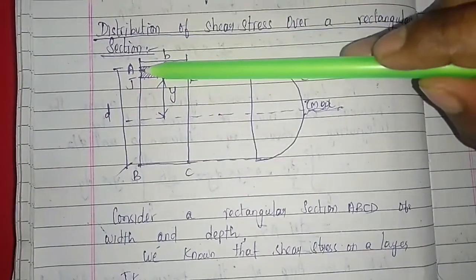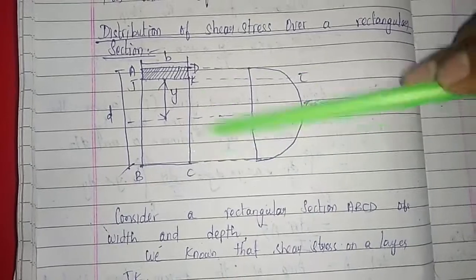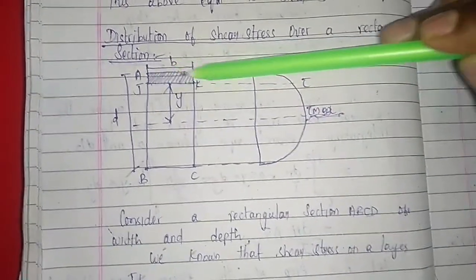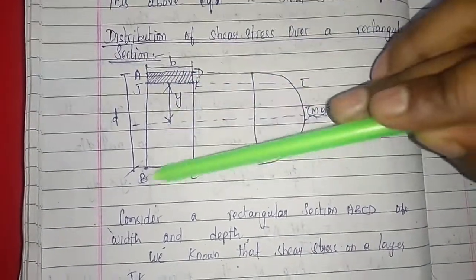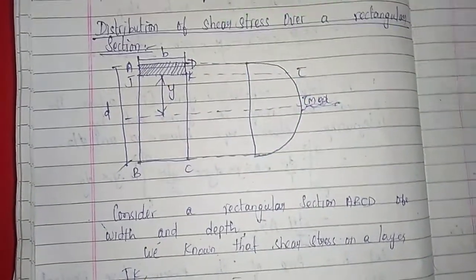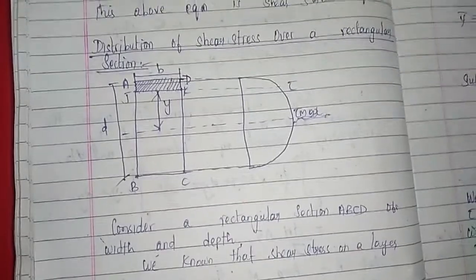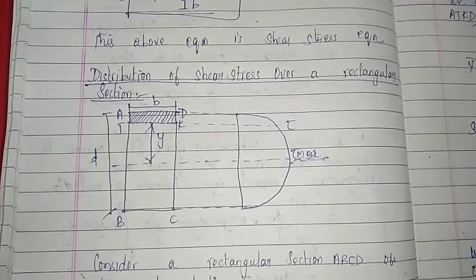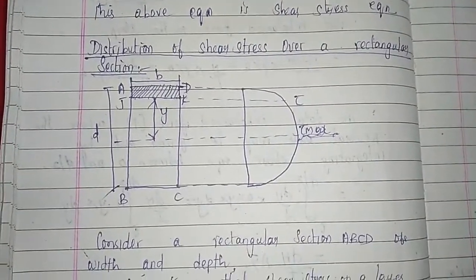See, we are going to take a rectangular beam in cross section. Its breadth is denoted as B and its depth is denoted as D. The rectangular beam is A, B, C, D. Now we are going to find the shear stress on the rectangular beam in a particular strip.